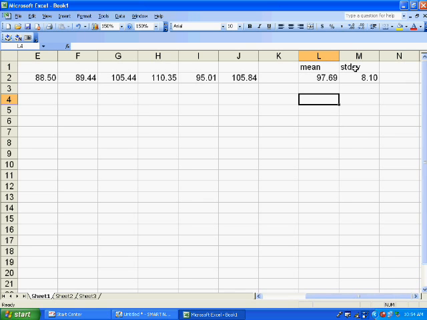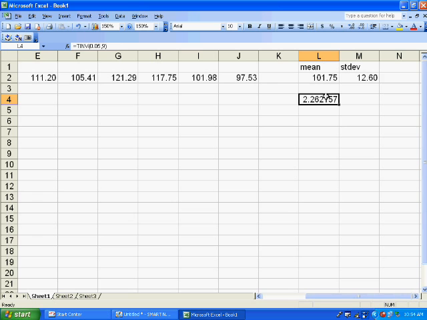We're going to need the, I'm just going to write this down so it doesn't have to recalculate every time. The T inverse, we're going to have a 5% confidence interval with 9 degrees of freedom. So our T statistic is going to be 2.262157.